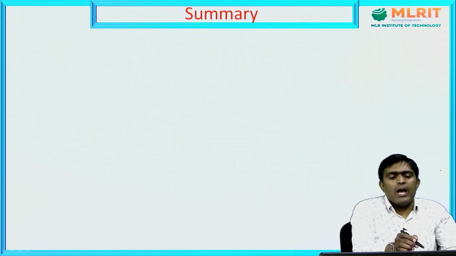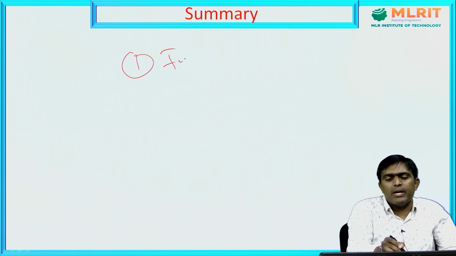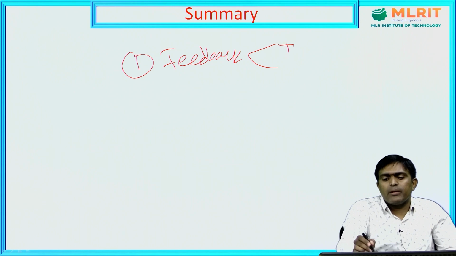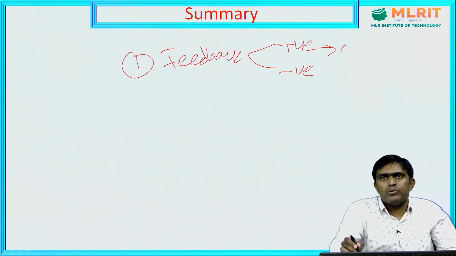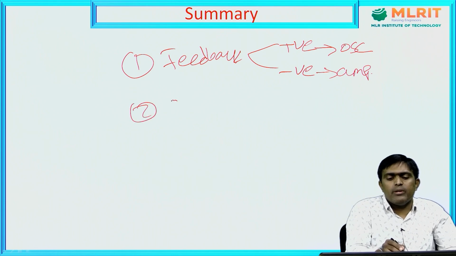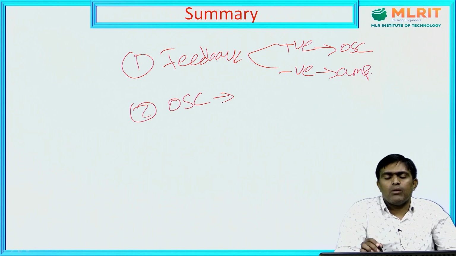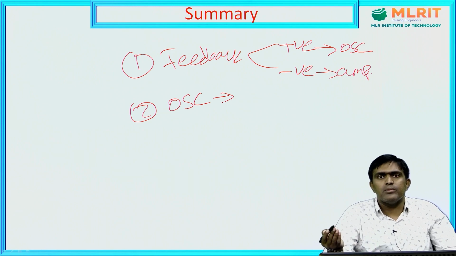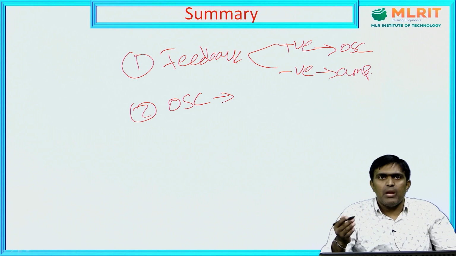Finally, I will conclude. First we have seen the different types of feedback, positive feedback and negative feedback. Positive feedback is used in oscillators and negative feedback is used in amplifiers. Next we have seen the definition of oscillator: an electronic circuit which produces output without any input, where we supply only the DC voltage.